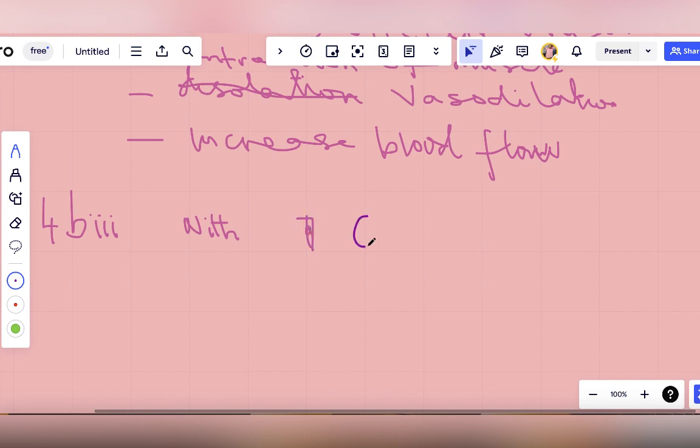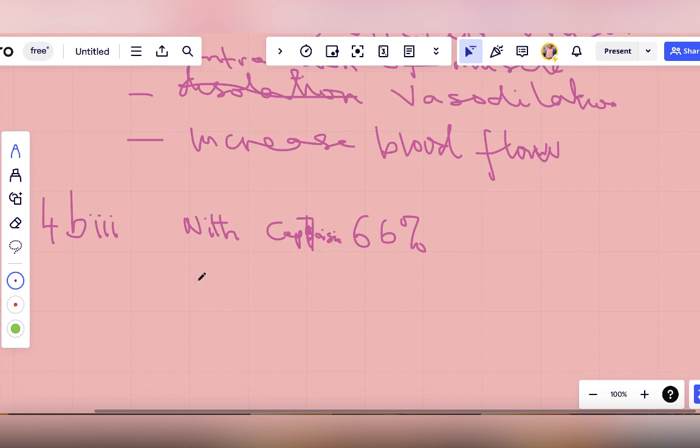The value is 66% with capsaicin. So I just write with C. C means capsaicin. With capsaicin, we get 66%.